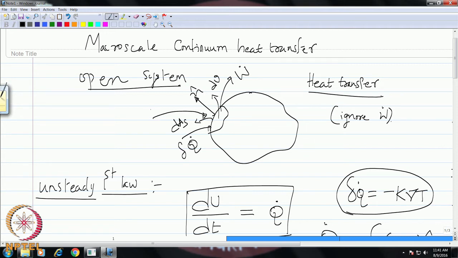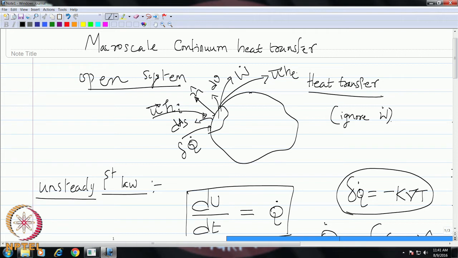So, let us say the corresponding velocity of the fluid entering this particular control element boundary is u vector, and the corresponding enthalpy that is entering this particular control volume is hi, and you have a corresponding enthalpy of the fluid which is leaving this control volume, let us say that is u vector he.